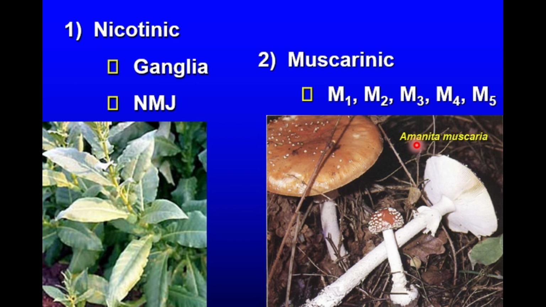Gene cloning has revealed 5 distinct types of muscarinic receptors: M1, M2, M3, M4, and M5. They differ in the sequence of their amino acids.